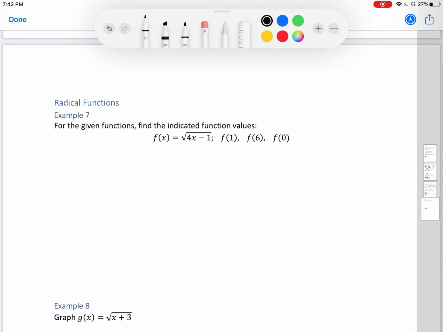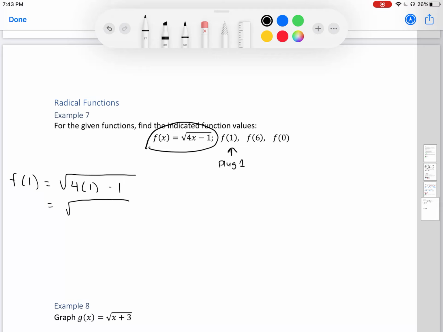Functions. Example 7. For the given functions, find the value using the formula. Let's plug in, treating the parentheses as a grouping symbol. We have to do what's on the inside first. 4 times 4 minus 1 is 3.